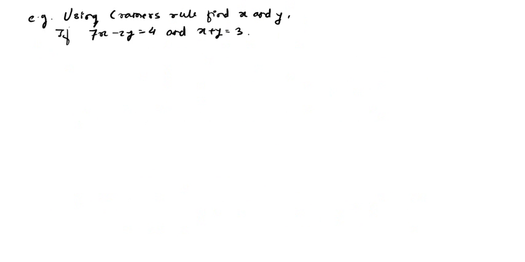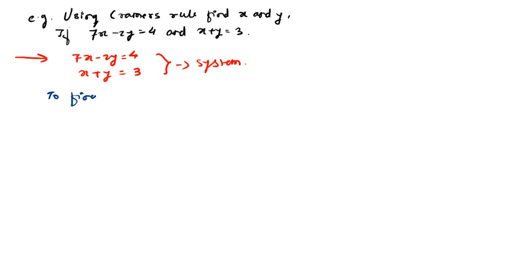For example, suppose we have this system of linear equations: 7x minus 2y equal to 4 and x plus y equal to 3. This is our system which contains two equations and two unknowns, and we need to solve it, meaning to find the values for x and y.